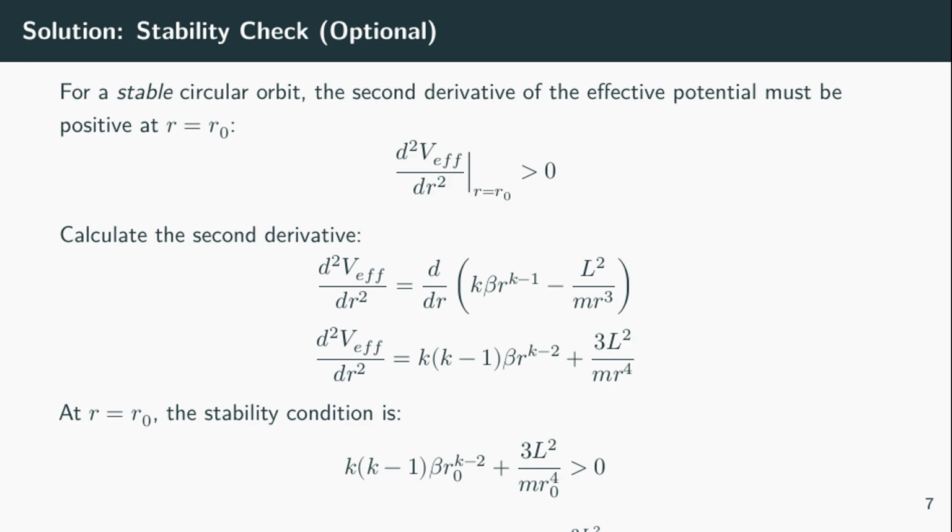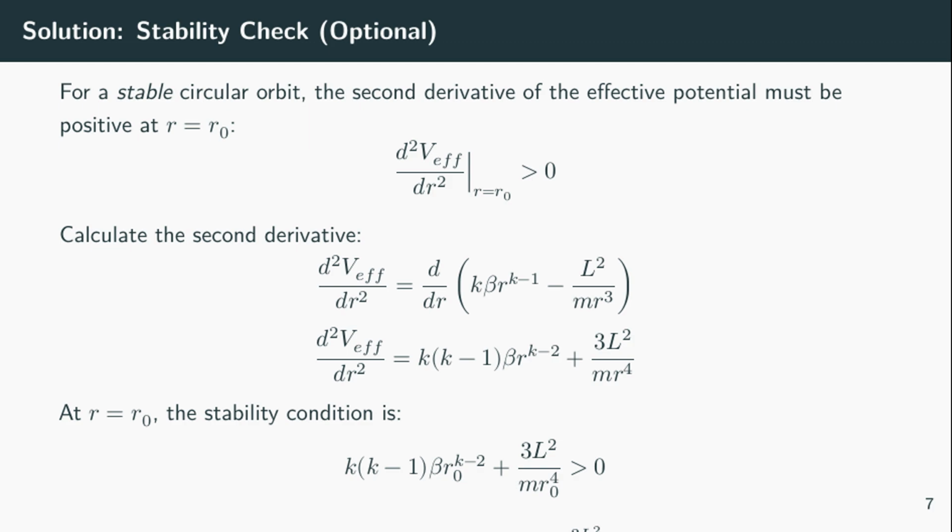Now we evaluate this second derivative at r equals r0 and require it to be greater than 0, leading to the inequality you see. We are given that beta, k, m and L are all positive, and r0 being a radius is also positive. Looking at the second term in the inequality, since all its components are positive, this term is always positive. For the entire sum to be greater than 0, the first term must be non-negative.